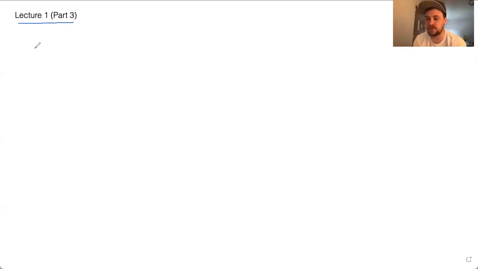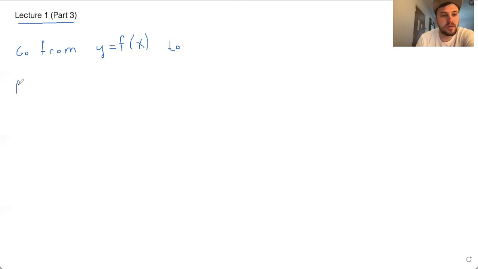So this time what we want to do is go from a standard curve and define a parameterization. So let's go from some curve, say y equals f of x, to parametric equations that represent this curve.